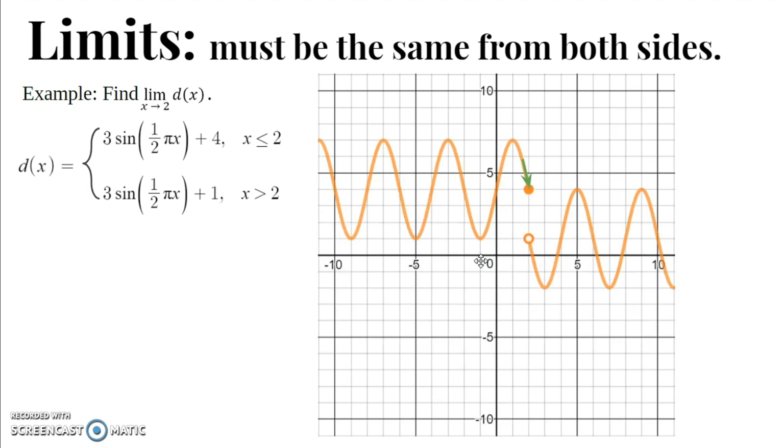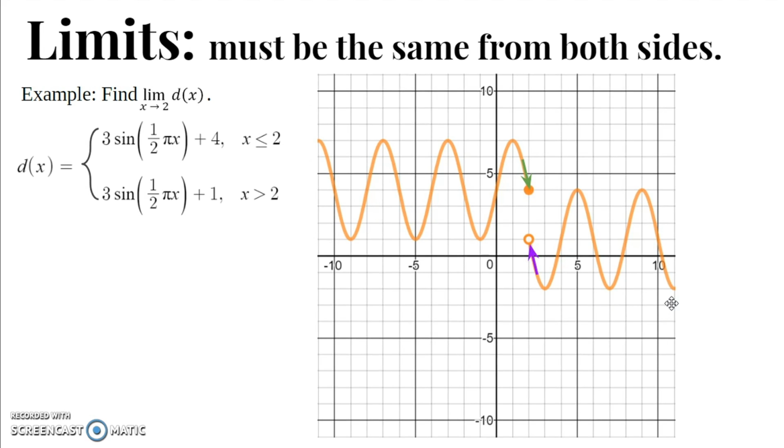In the graph of d of x, we see that the limit of d of x as x approaches 2 from the left is 4, and the limit of d of x as x approaches 2 from the right is 1.